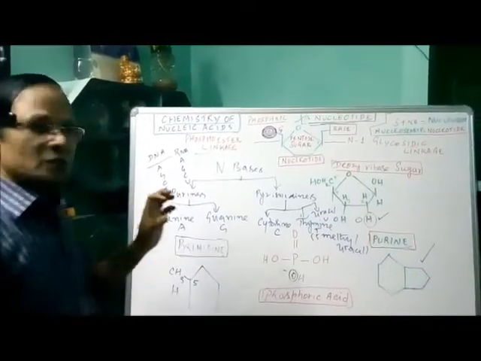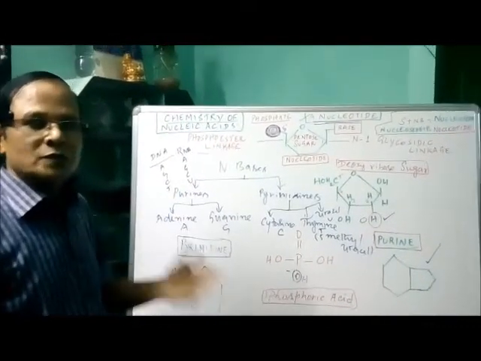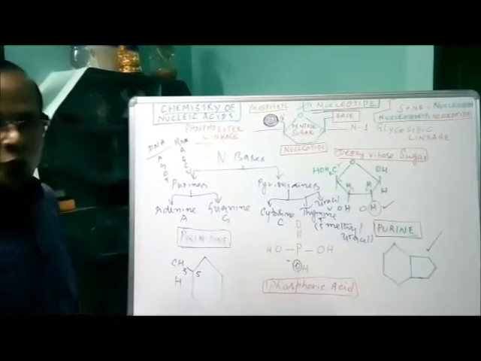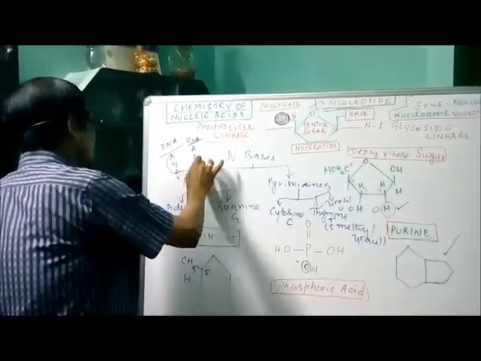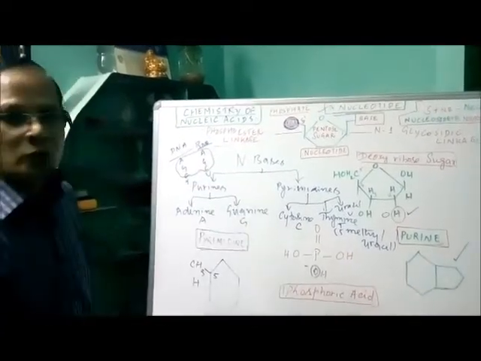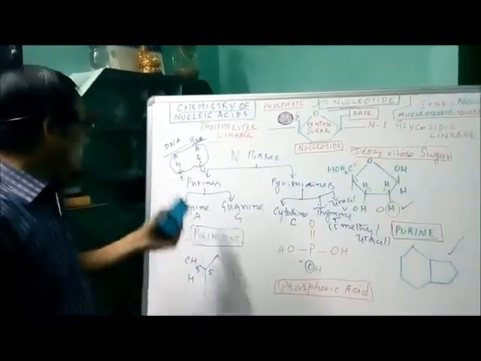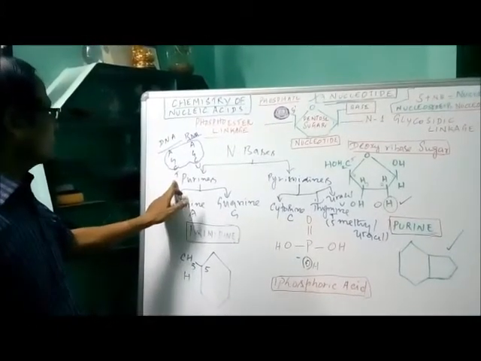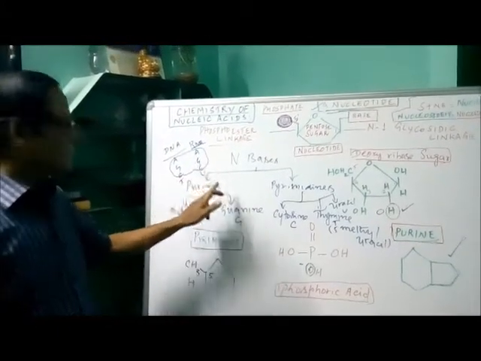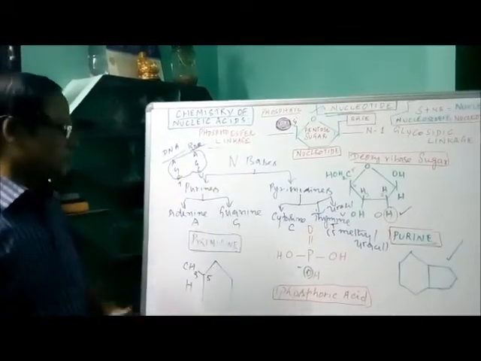So the first 3 bases are common to both DNA and RNA, whereas the 4th base is different. In DNA we have thymine, in RNA, instead of thymine we have uracil.